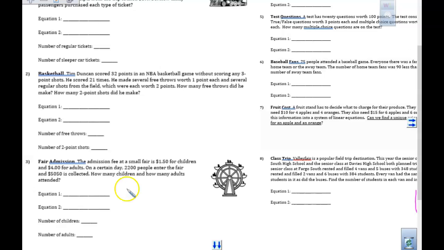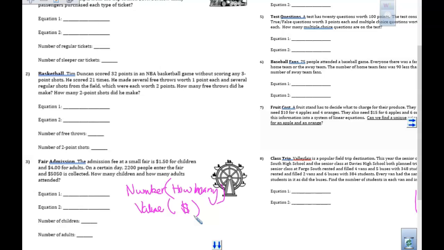So one of your equations is going to be the number of people, or how many. When I talk about, are we trying to find a how many? This is going to be the how many people, right? And the other one is kind of like our value or the price per ticket, right? This is our dollars that we're dealing with.